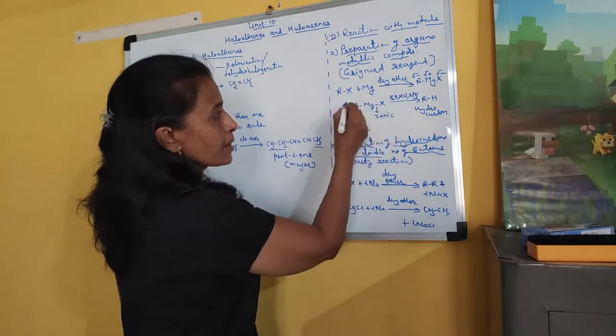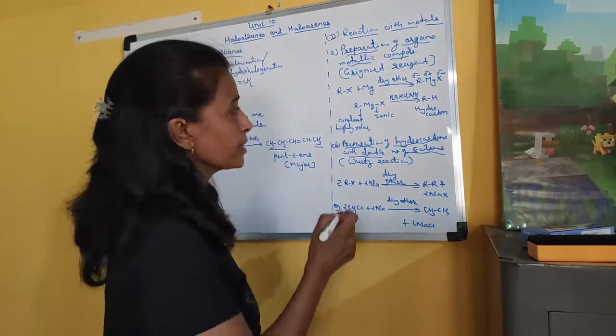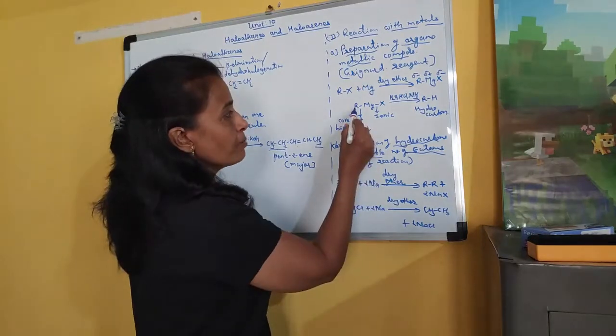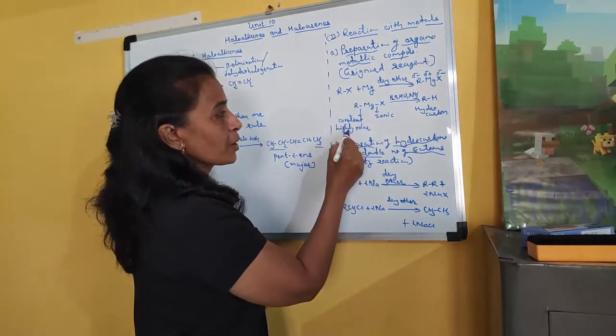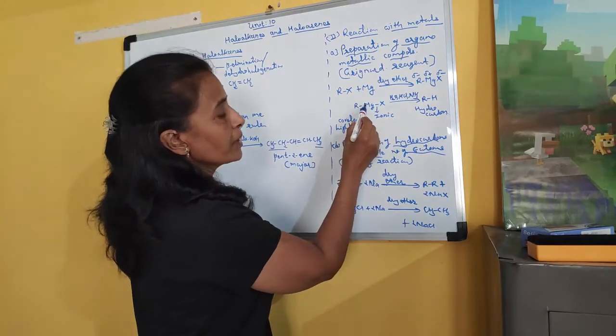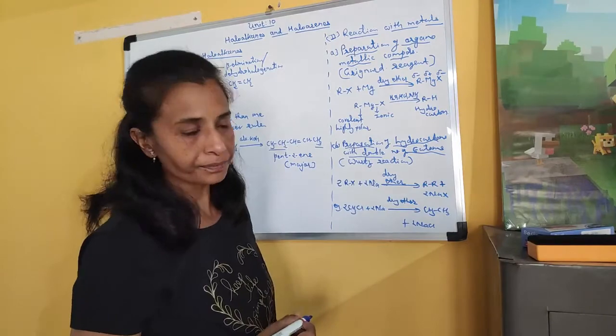So in the same reagent, that is alkyl magnesium halide, the Grignard reagent, we can find two different types of bond. The bond between carbon and metal is a covalent bond and it is a highly polar bond, but the bond between the metal and halogen is an ionic bond.